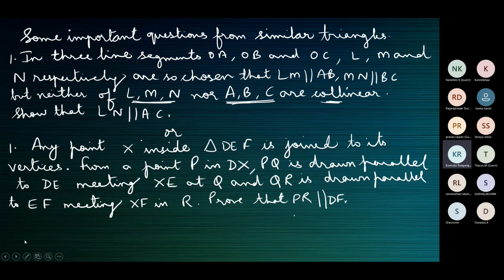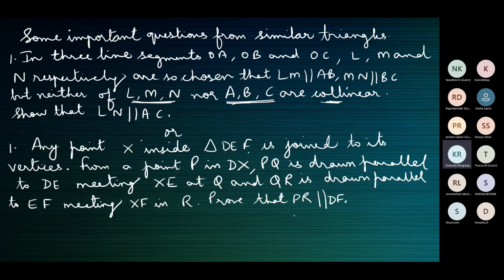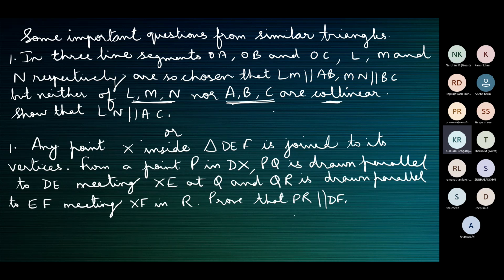Both the questions represent the same situation, just that the points are named using different letters. Here it is D, E, F and P, Q, R. In the first one, it is ABC and LMN. The situation is the same.